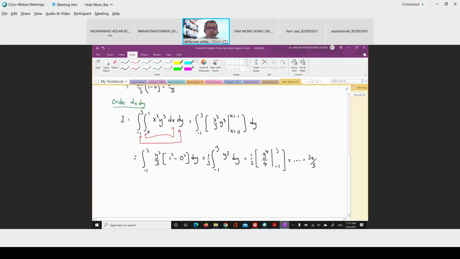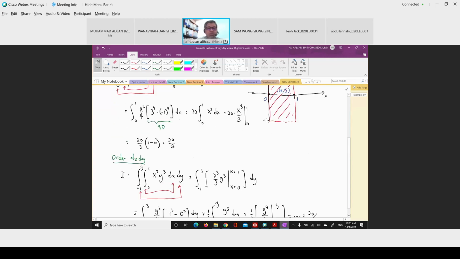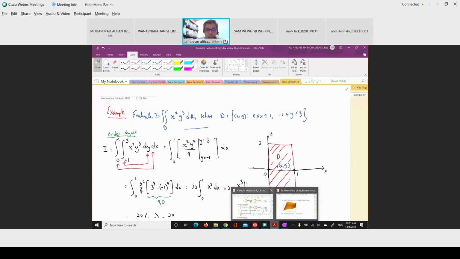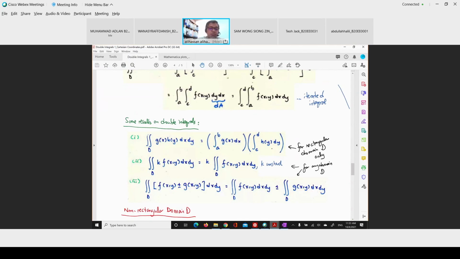Is it possible to evaluate this using another approach, method 1 shown here, among the results on double integrals?